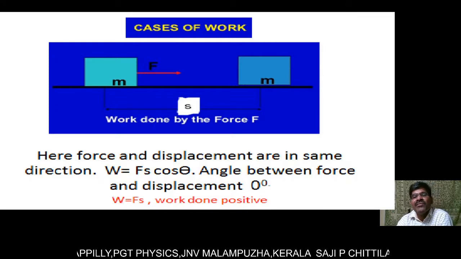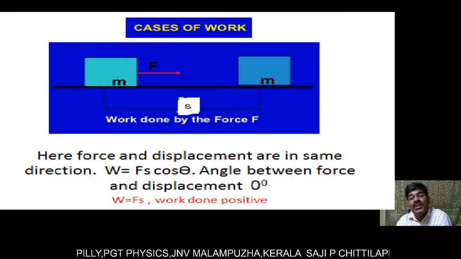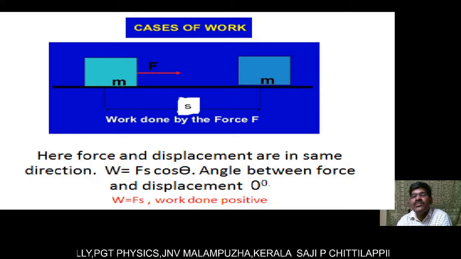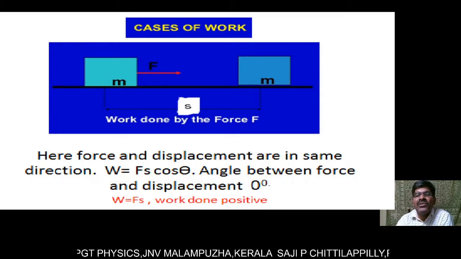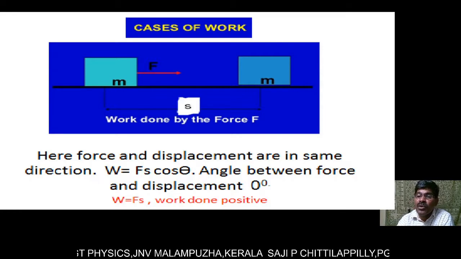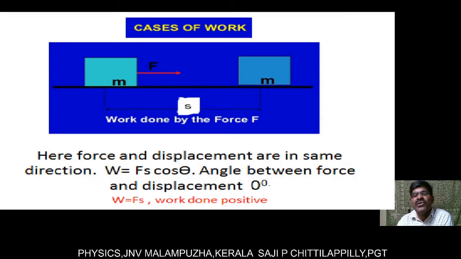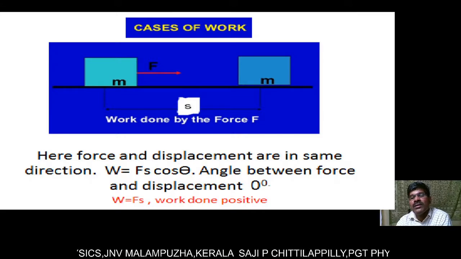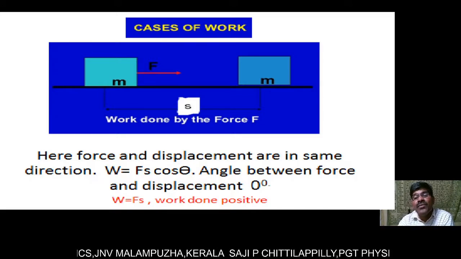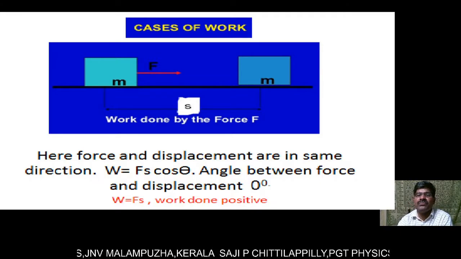Therefore, W is equal to Fs cos theta, where theta is the angle between force and displacement. That is zero. Therefore, work done W is equal to Fs cos 0. We know cos 0 is equal to 1. Therefore, W is equal to Fs. Here in this case, we can say work done is positive.